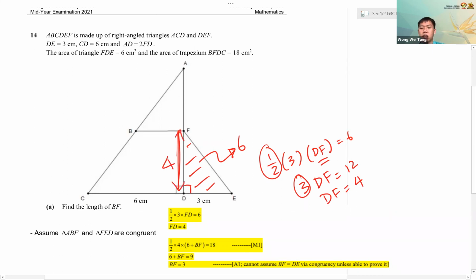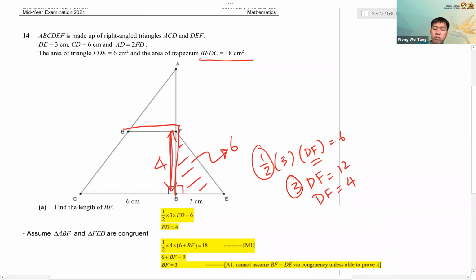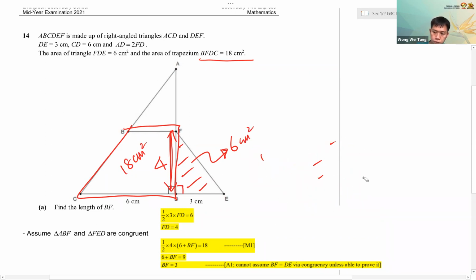That's the height. They further tell us that the trapezium BFDC is 18 square cm. So now we need to recall the formula for the area of a trapezium.